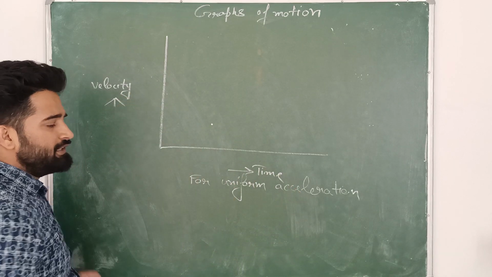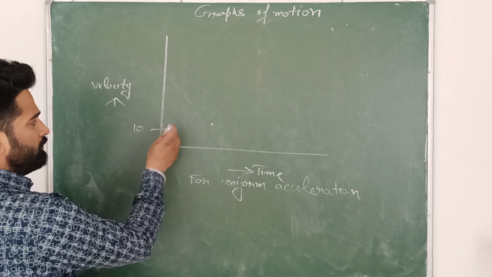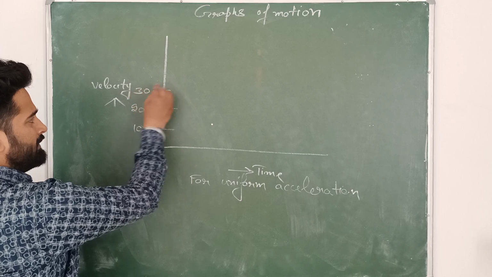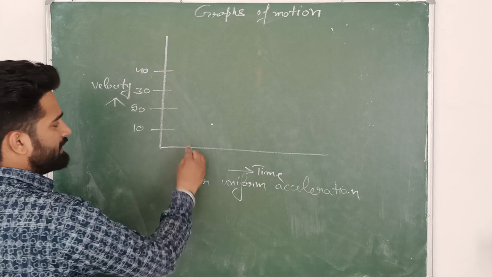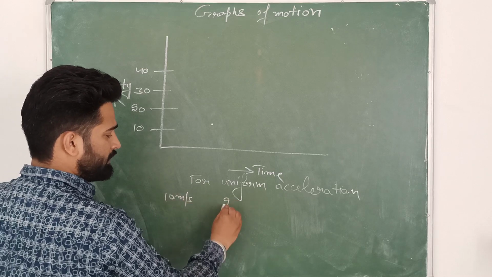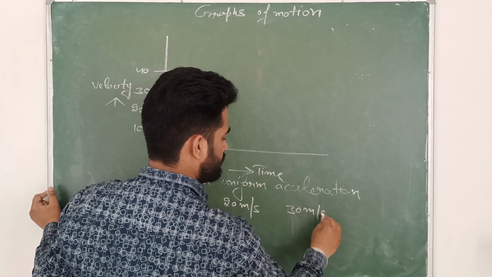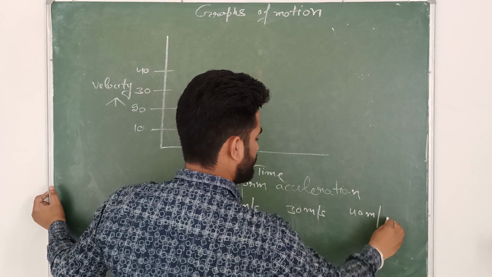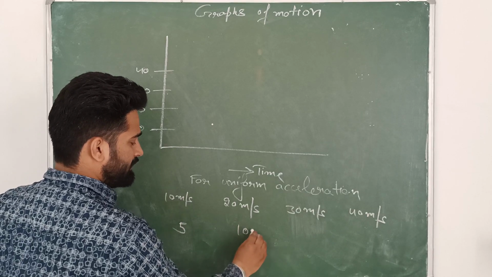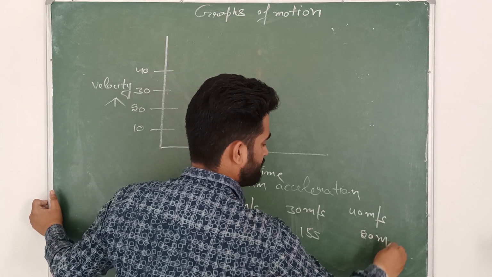What is the meaning of uniform acceleration? For example, in the beginning the velocity is 10 meters per second, then 20 meters per second, then 30, then 40 meters per second. In the first 5 seconds it has one speed, then the next 5 seconds, the next 5 seconds, and in the next 5 seconds 40 meters per second.